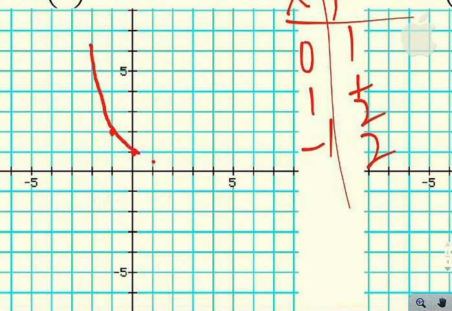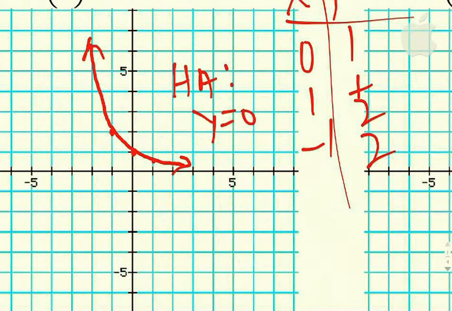It hugs the x-axis, does not touch it. And the horizontal asymptote, again, is y equals 0.